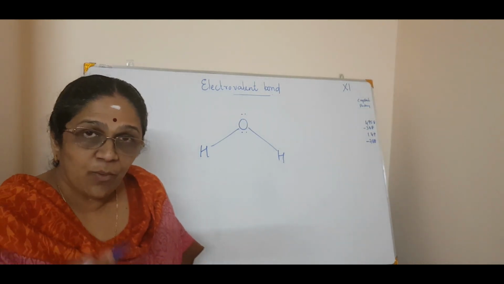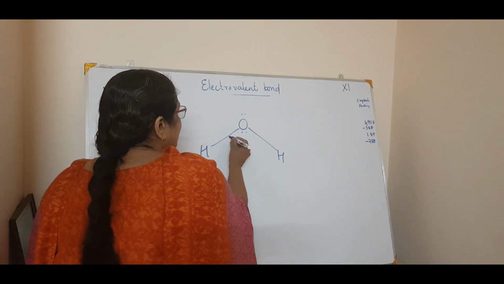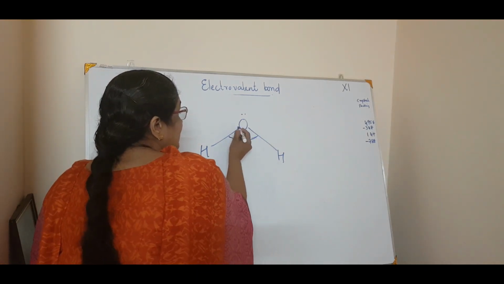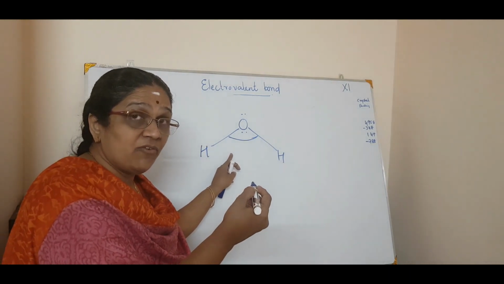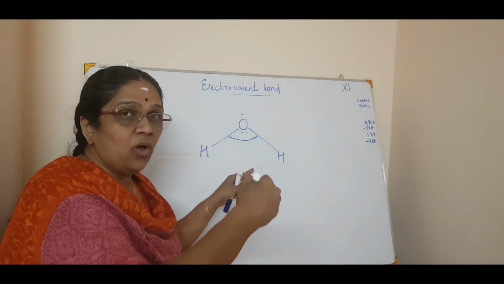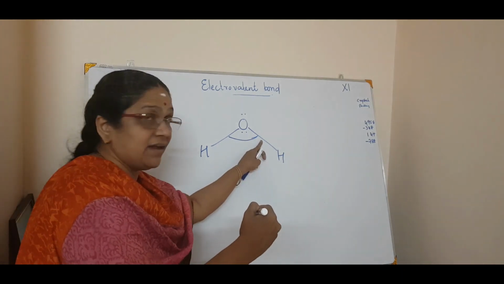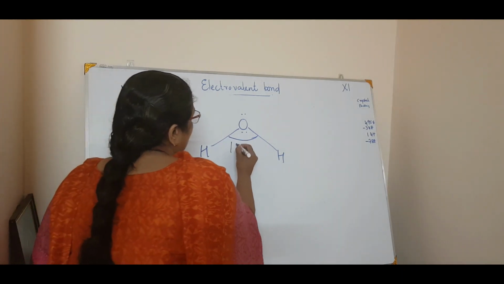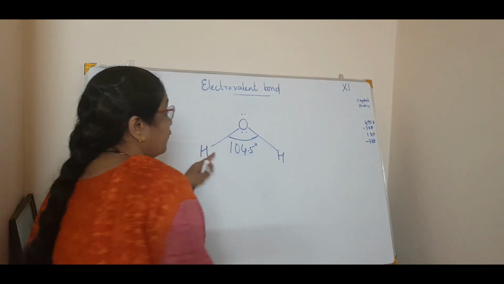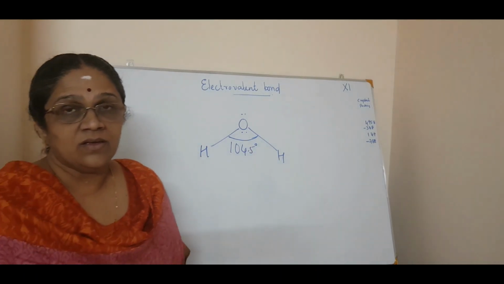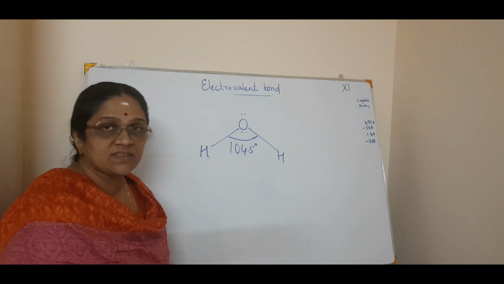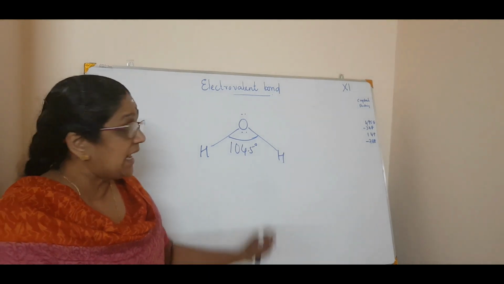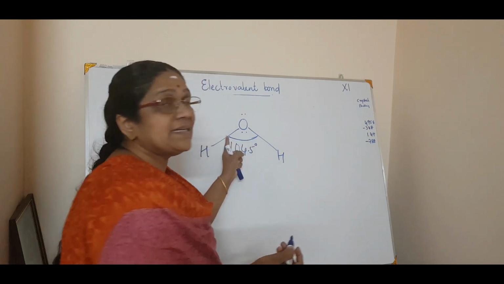The bond angle is the angle between the orbitals of bonded electrons. We will study that. Bonding happens here and here, so that angle, for example, is 104.5 degrees. The angle between the orbitals of these bonded electrons is called the bond angle around a central atom.